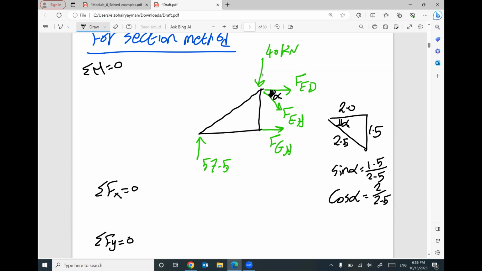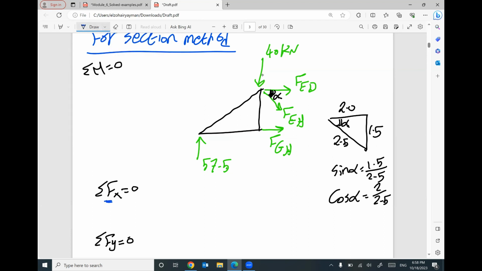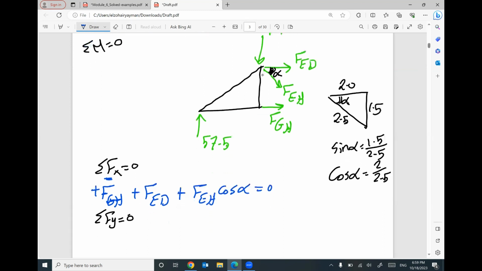Go ahead. I will start with summation of F in x. What do you have in x? Positive FGH, positive FED, and positive FEH cosine alpha equals 0. Summation of F in y.